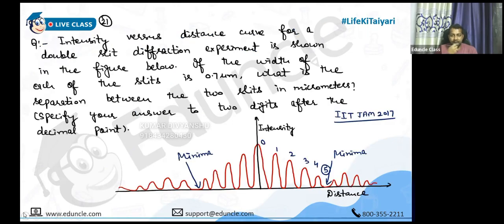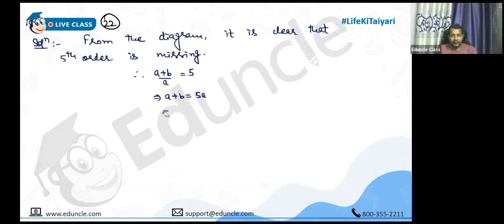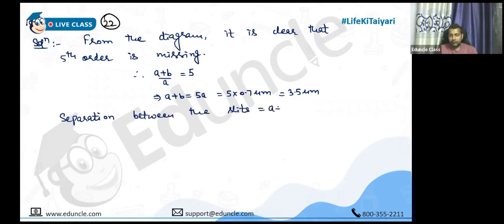So width of each of the slits is 0.7 micro. So no need to write b actually. So it is 3.5. So this is the separation between the slits, a plus b. Okay. Clear?